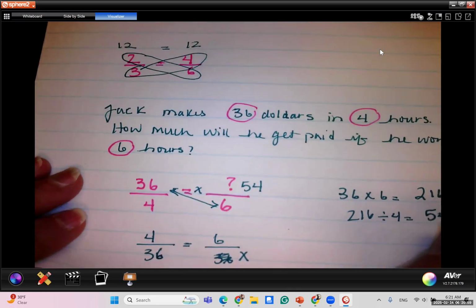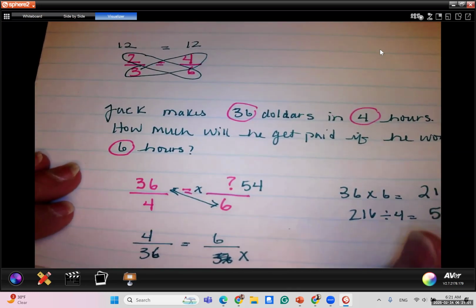This idea of proportion is often used to determine unit rate. Unit rate is how much something costs per 1 unit of something. Think about when you go to grocery stores or places like hardware stores where you have carpet, for example, and you see the sign that says $1.29 per square foot or per square yard, or $2 per foot.